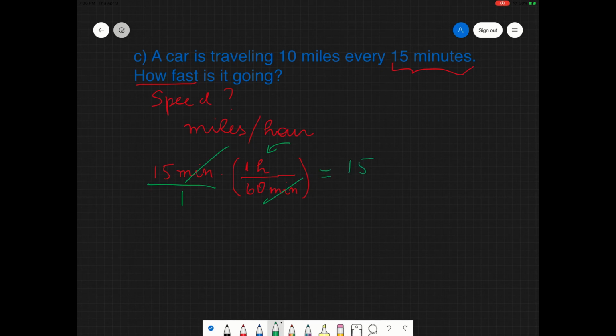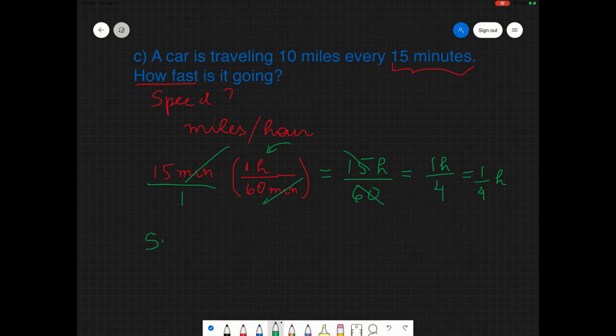So we have 15 hours divided by 60. Obviously, we can reduce this fraction. So we have 1 hour divided by 4, or a quarter of an hour. So we're going to use this measure of time in hours for our computation.